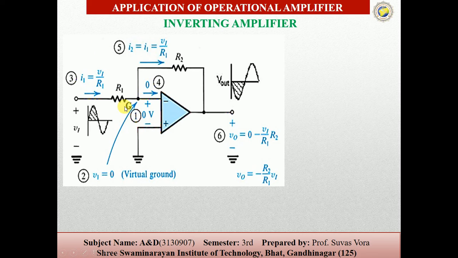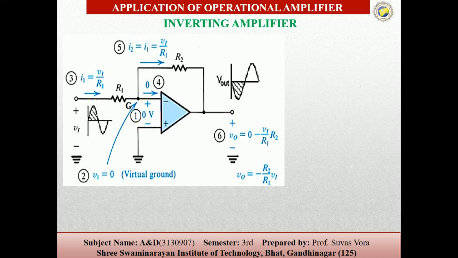The point G is called the virtual ground: since G is not directly connected to the ground, it is virtually, that is imaginarily, a zero point. The voltage drop across R1 makes the potential at G nearly 0, so G is referred to as the virtual ground.